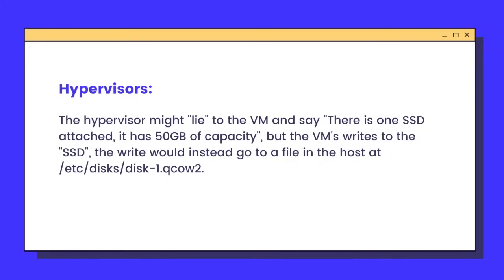But then when the VM writes to that drive, it would instead go to a file. It wouldn't go to a real drive. And then on the host, it might be this file. So when the VM itself is writing to the file, it's actually going to this file, which is very similar to the deception of matching files directly that the container had, but there's some practical differences.